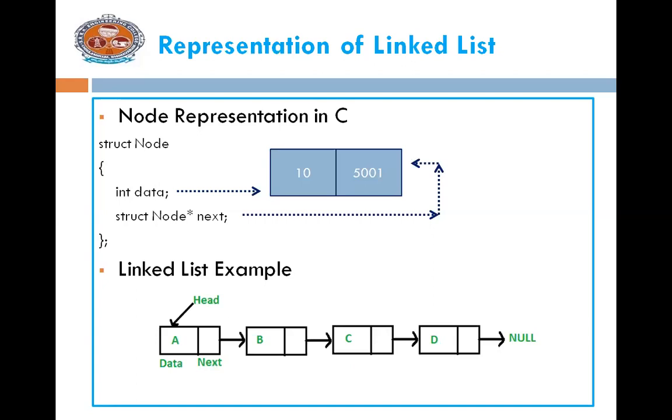In this example, the node contains 10 as data, and the other part is the pointer next. The next is pointing to an address, which in this example is 5001. Here 5001 is the address of another node, that is, the next node.